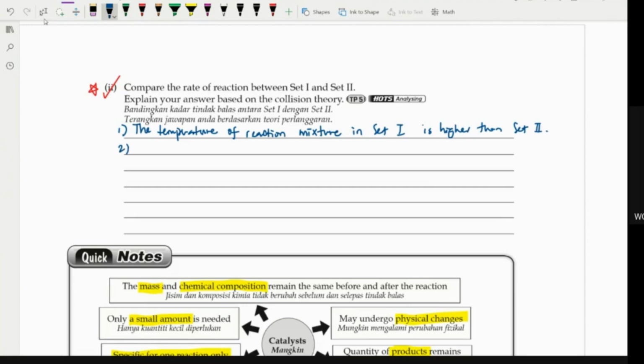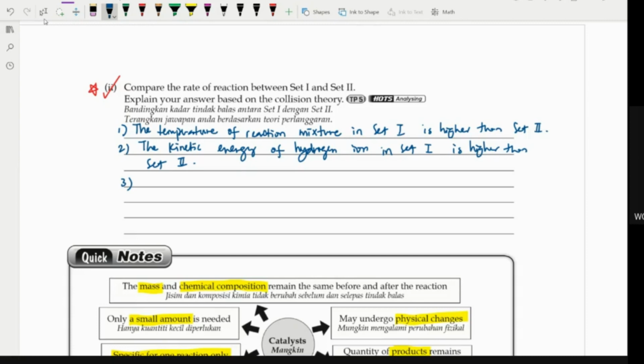Okay, so point number 2, the kinetic energy of hydrogen ions in set 1 is higher than set 2.